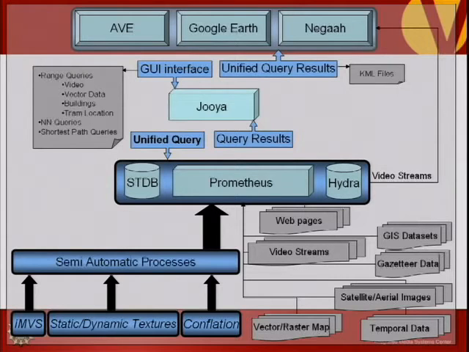And Nega is one that we are working on right now and can do a lot of querying and interaction with the models. All of these are built on top of this thin middleware called Julia, which has different blades for each user interface that we add, but then sends a unified query to our spatial databases, to our mediator, or to our video server. And then this would generate new queries to all these other sources, and the result goes back.